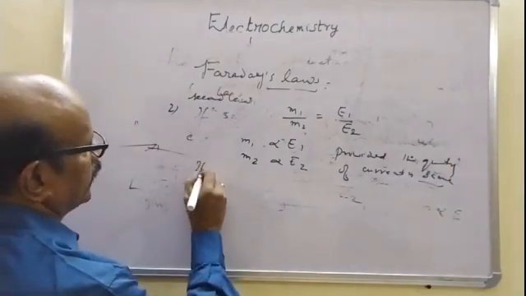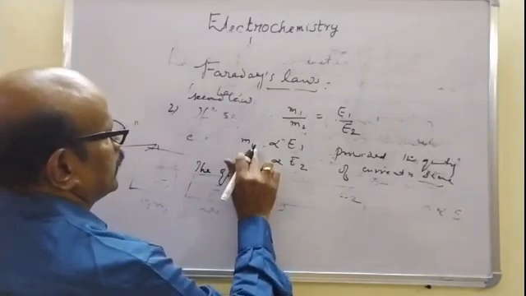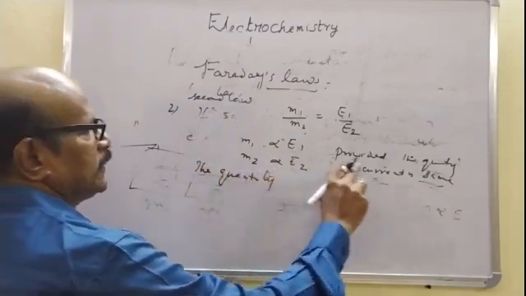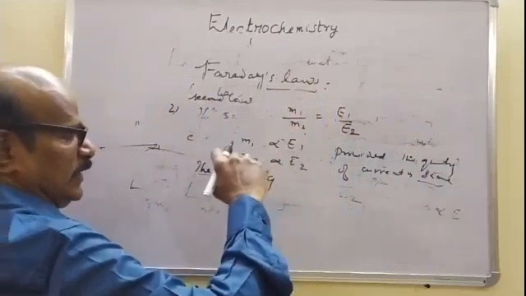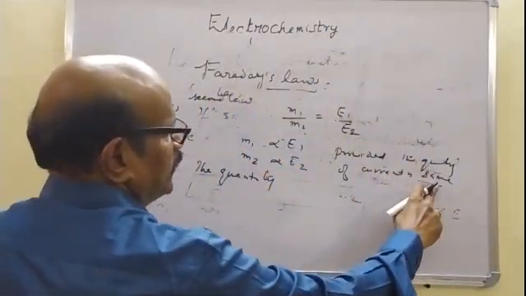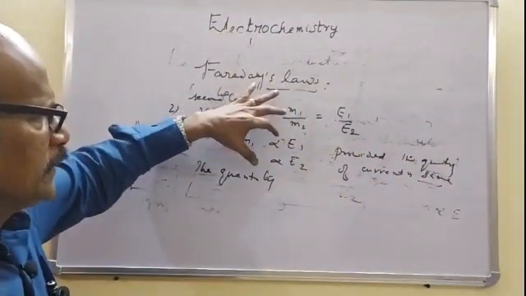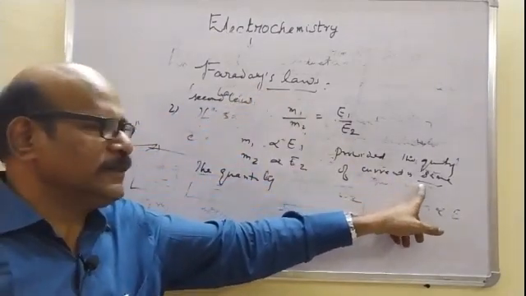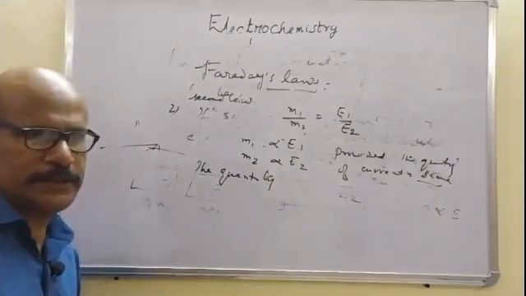Therefore, if M1 is proportional to E1, one equivalent, and similarly M2 is proportional to its respective equivalent, then if the same quantity of current produces amounts proportional to their equivalent mass, a particular quantity of current can produce one equivalent of any substance.